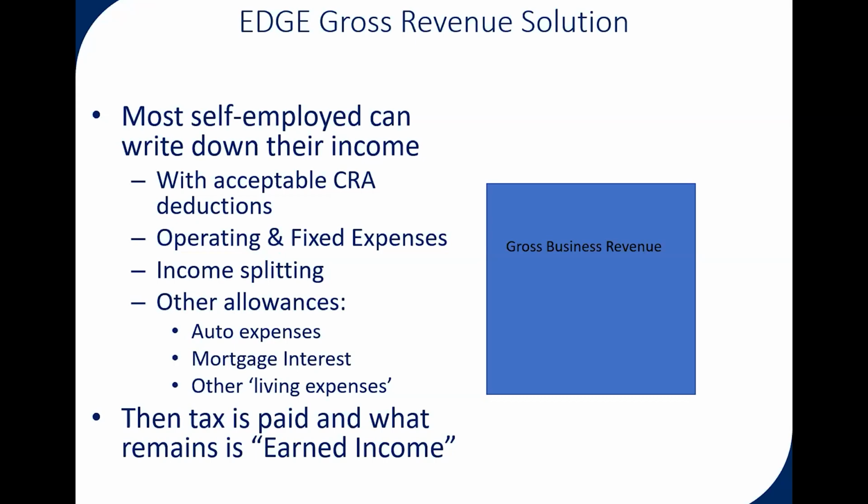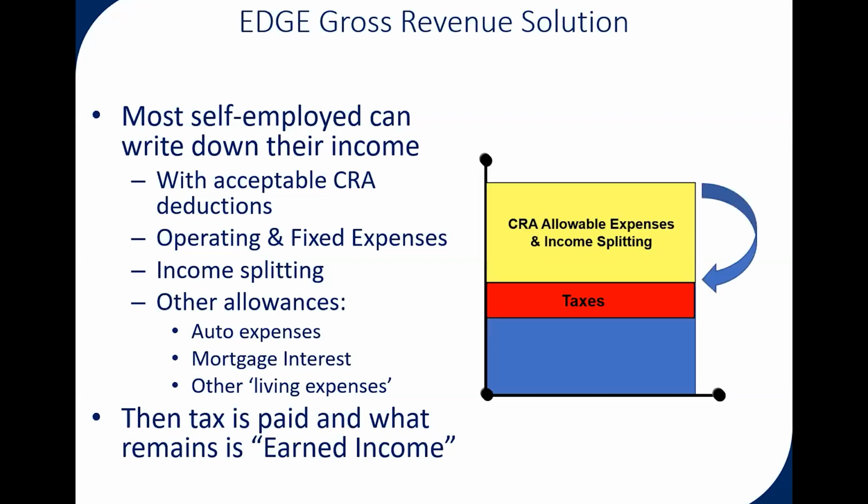Now, I'll take a step back and say, I am not suggesting for 1 minute that self-employed people are ripping off the government. They're not. But being self-employed allows you to write down your income. So why wouldn't you? Here you've got a visual. We've got the business owner's gross revenue. They do their CRA expenses.